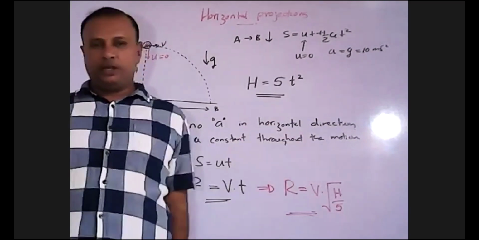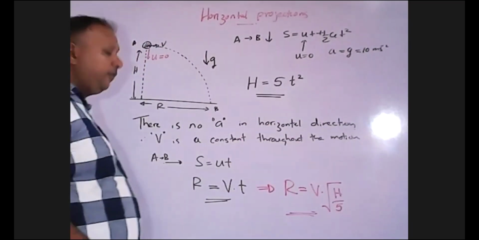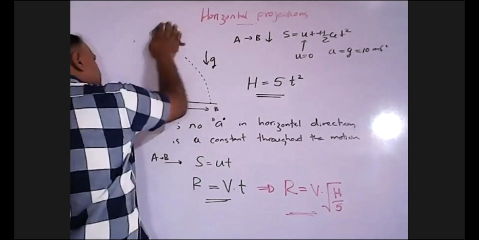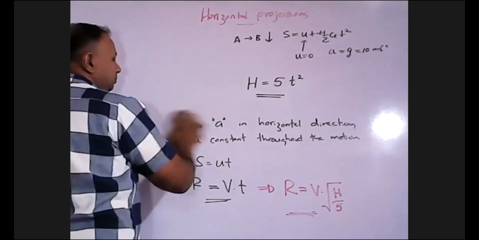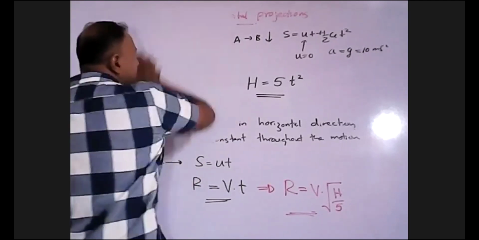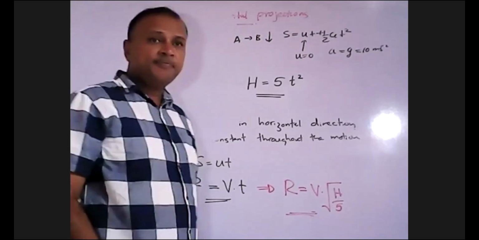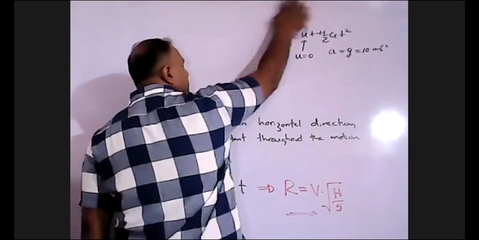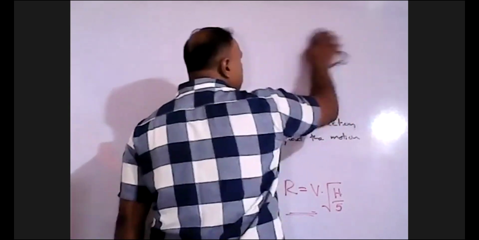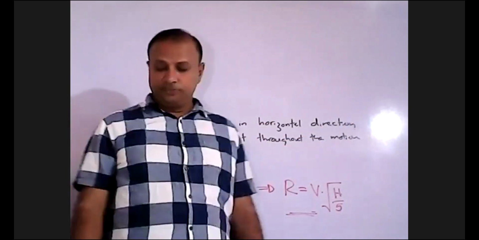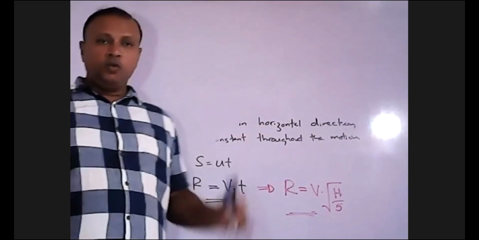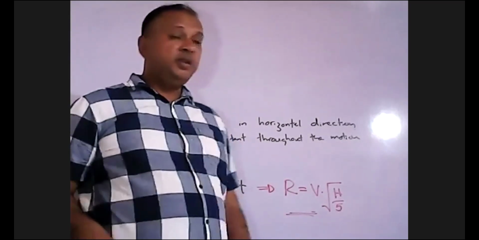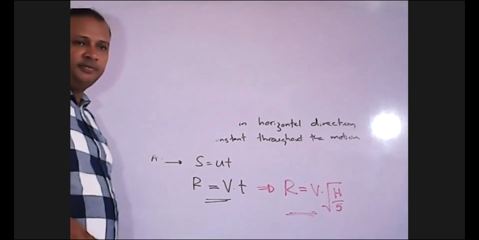If it is a horizontal projection, the initial velocity must be directed to the horizontal direction.